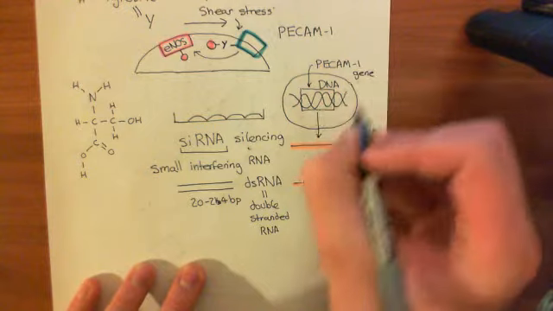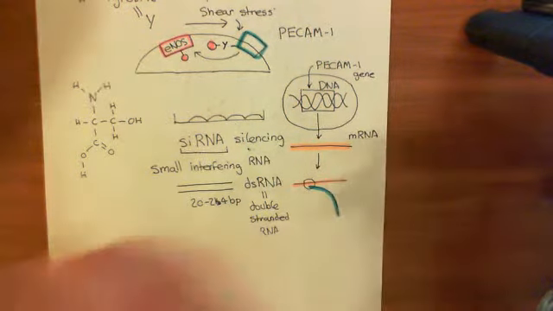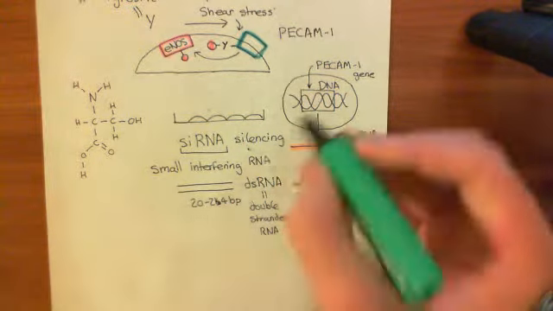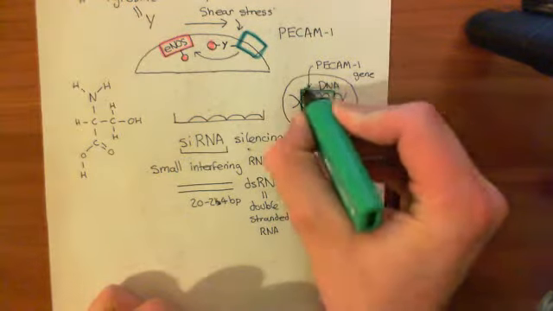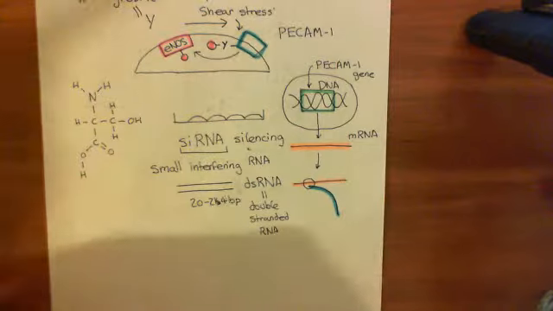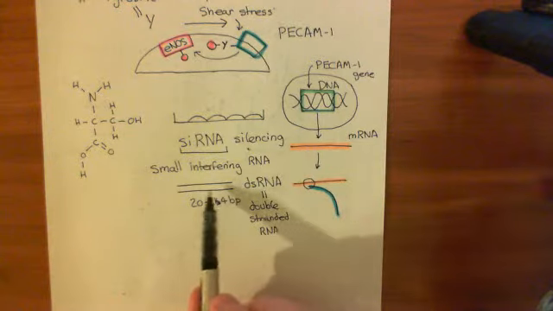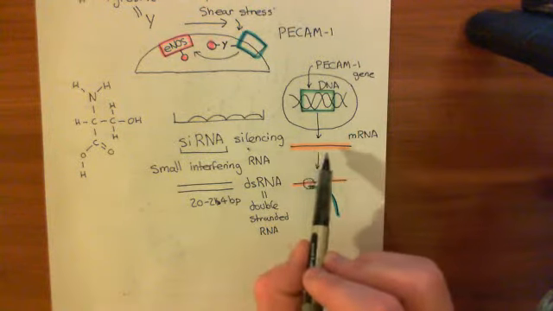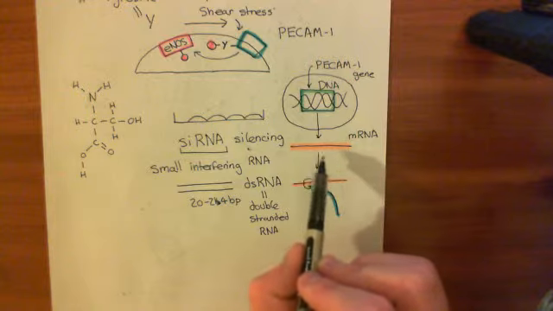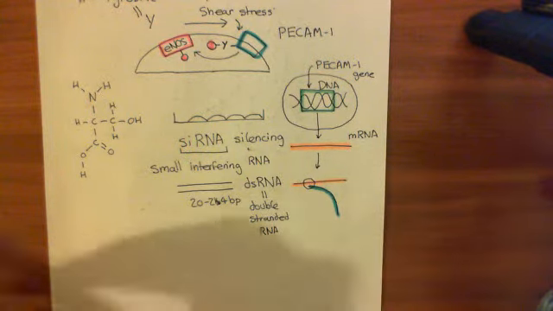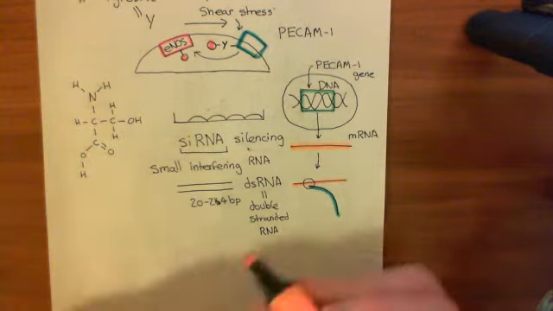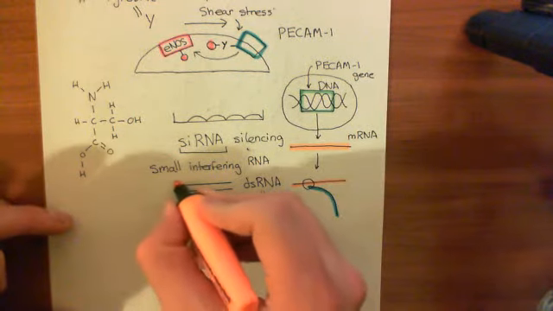This gene will be transcribed into a piece of mRNA for PKAM1, which has a certain sequence of organic bases. We are going to make a piece of siRNA that has the exact complementary sequence to this. You might say, but we've got two strands. One of them will have the same code as this piece of orange DNA.